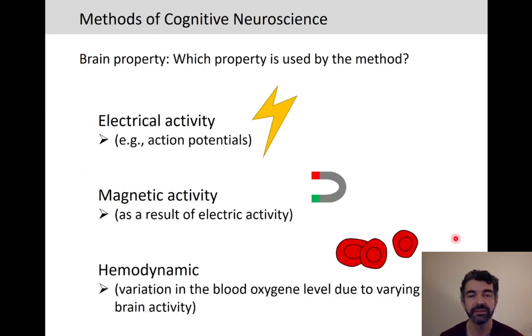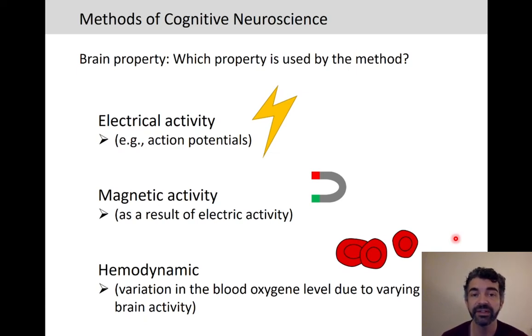And the last way to differentiate between different neuroscientific methods is the property that is used by the method, the brain property. So it can be the electrical activity, for example, action potentials or EEG. It can be the magnetic activity, which is always a result of electric activity.